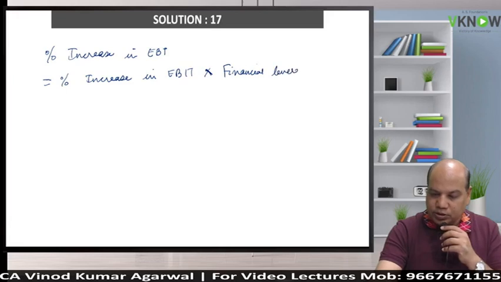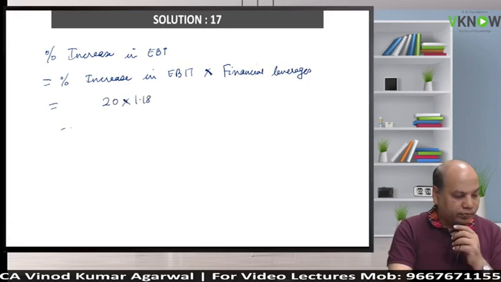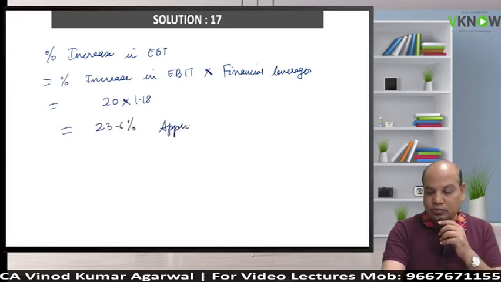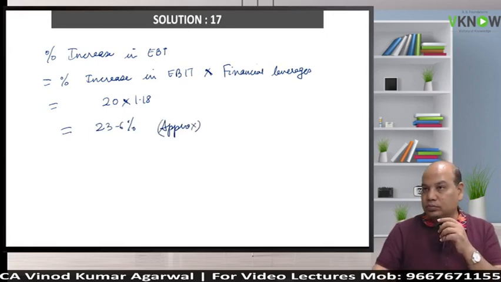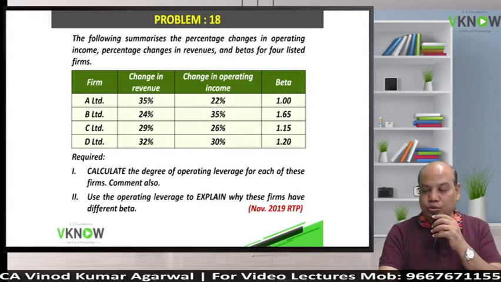These are some basic questions which they always repeat in the exam. So what they have given is 20, and this is 1.18, 23.6%. 23.6% approximately. Okay, this wonderful question is over.